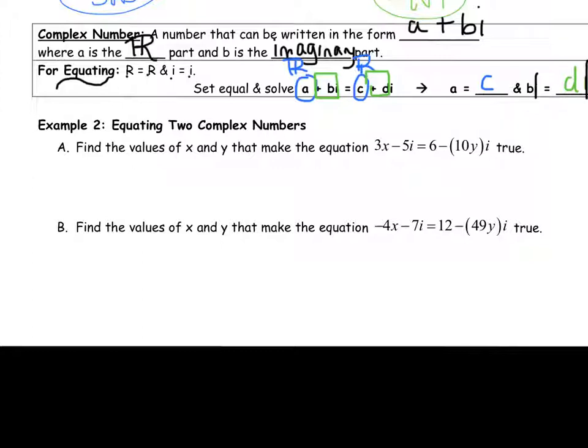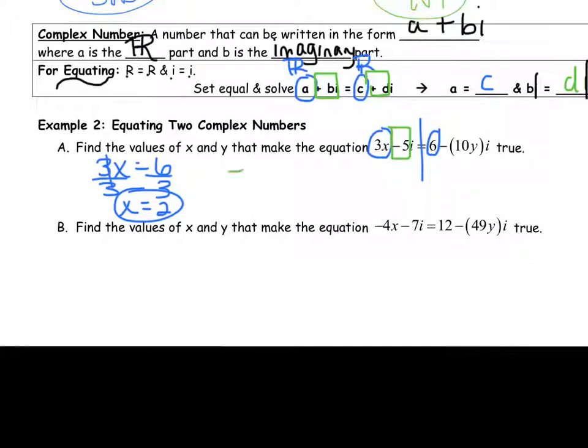So when we look at example 3A, the 3x is the real part, and the 6 is the real part. So that equal sign's in the middle. All we need to do is write down 3x equals 6 and solve it for x. We will get 2. Next, I'll solve for the imaginary parts.